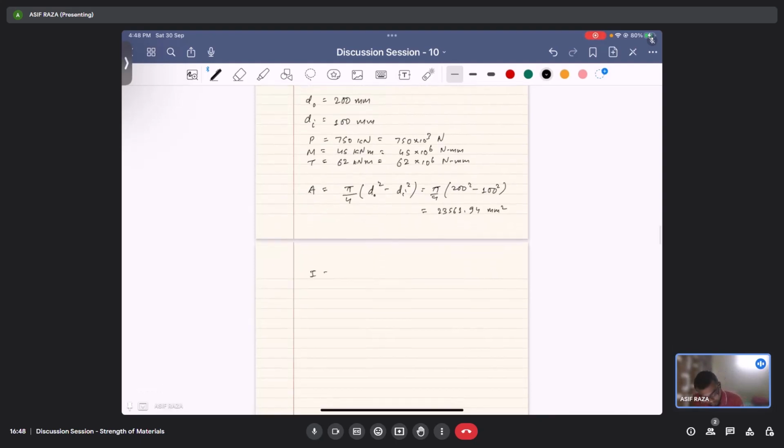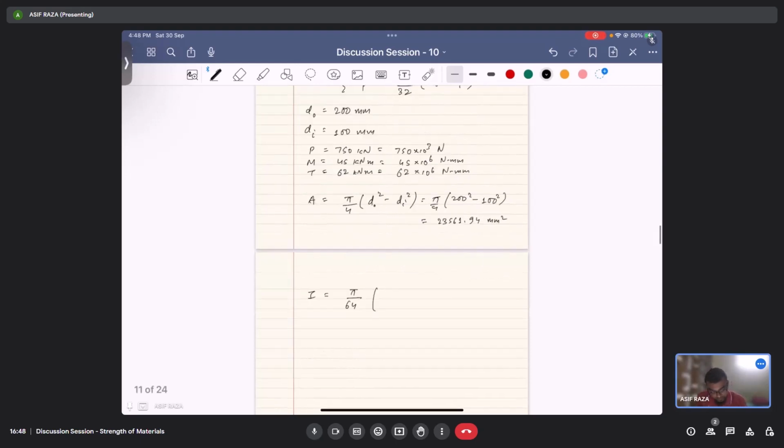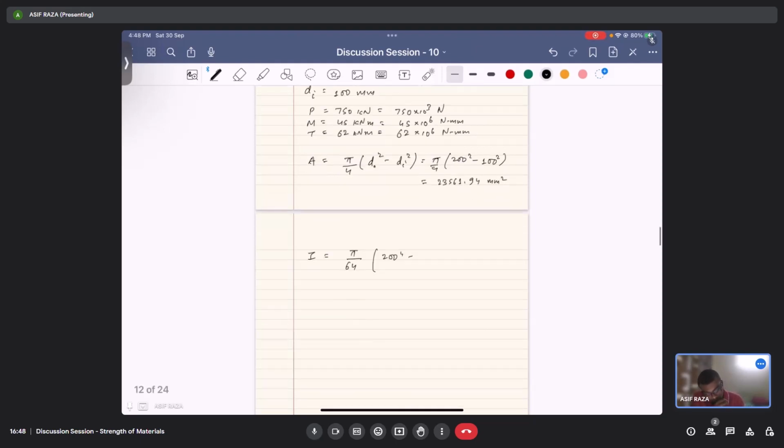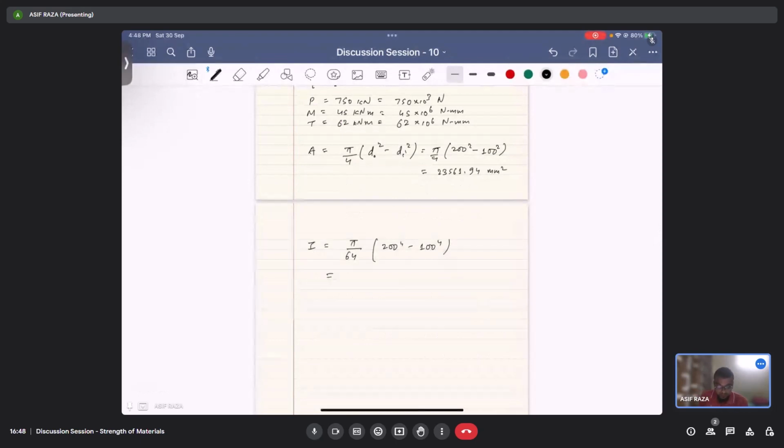Let's find I and IP as well. So I is pi by 64 (200 to the power 4 minus 100 to the power 4), right?